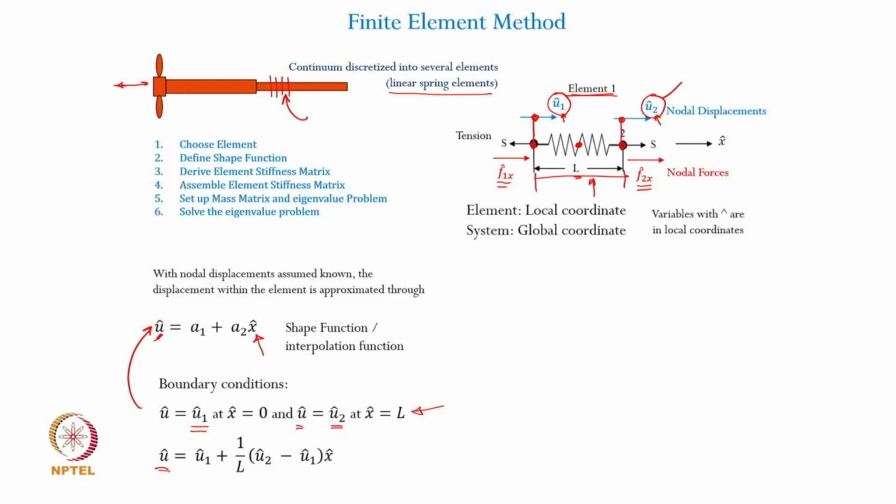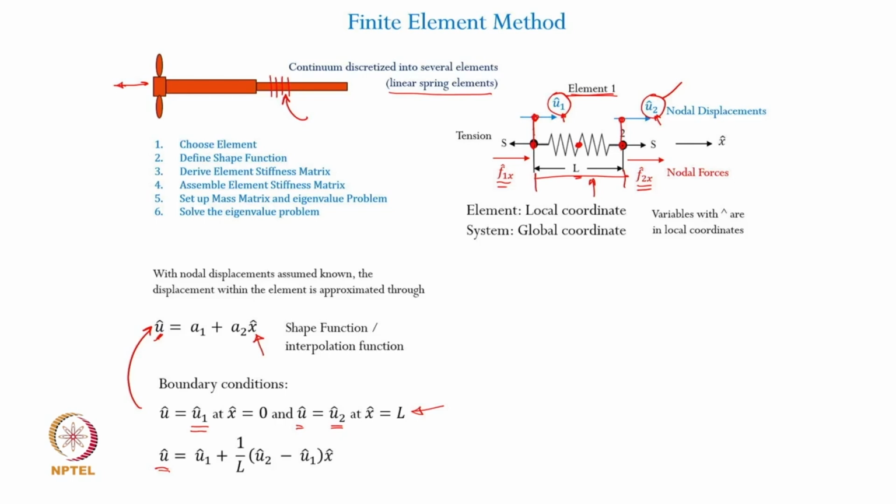So, this now completely defines the way displacement is going to vary within the element, and this shape function, as you can see, is expressed in terms of the nodal displacements, the displacements at the two node points.